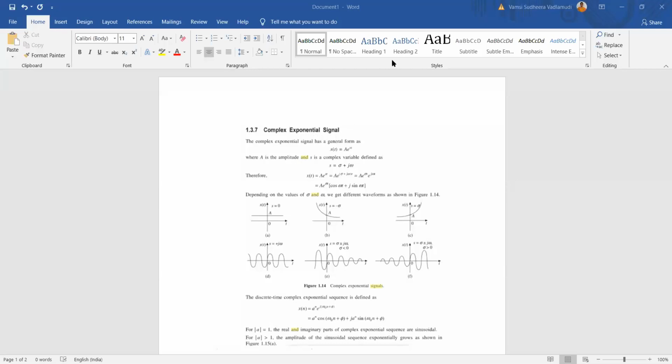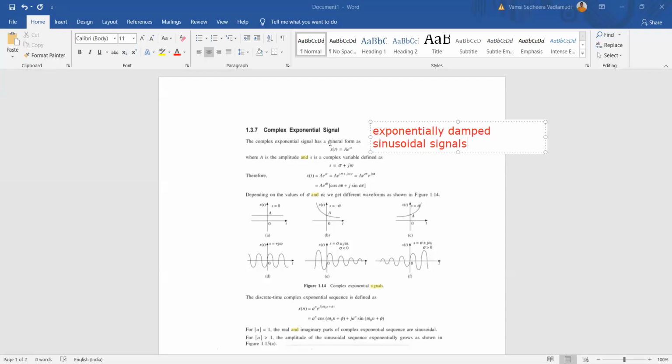See, these complex exponential signals are also called exponentially damped sinusoidal signals.